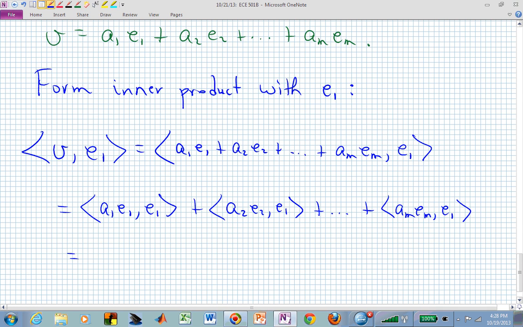Each of those scalars, a1 through a sub m, can slide outside of that inner product and simply scale the resulting inner product, by homogeneity in the first slot.